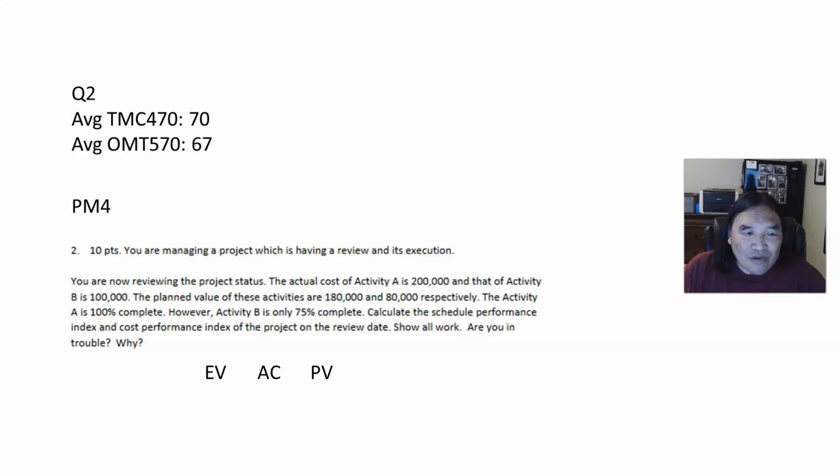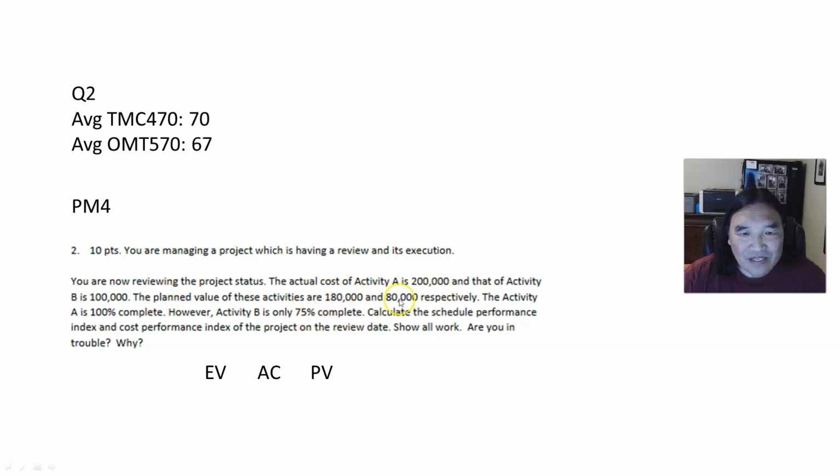Activity A is 100% complete. B is only 75% complete. So if it's 75% complete, then what's my earned value for activity B? It's this 75% times what my planned value was, which was $80,000. You have to separate what actually happened and what you planned to happen.